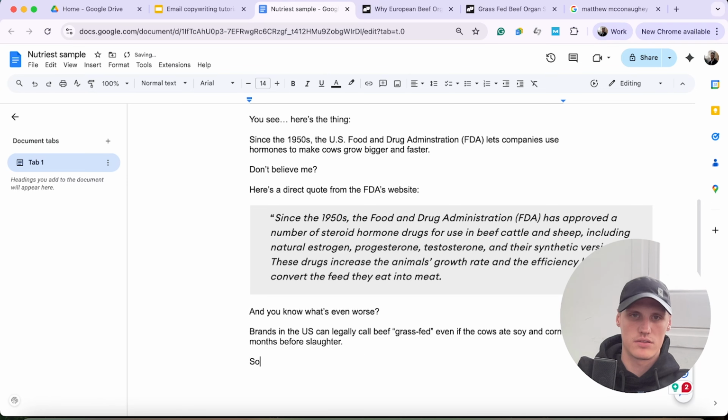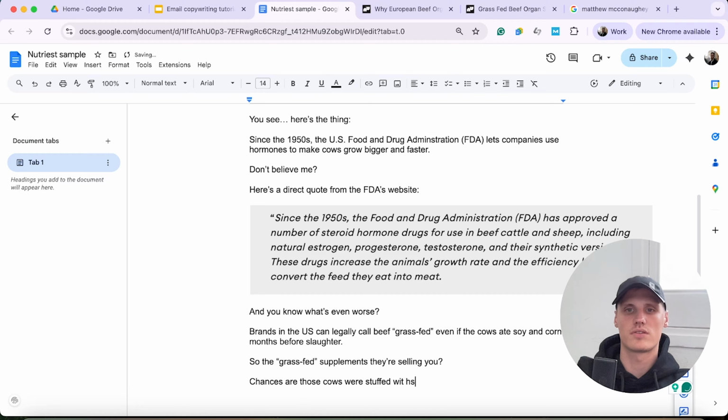So here we can write: so-called grass-fed supplements that they're selling you, chances are those cows were stuffed with soy and corn. Actually, they spent the last few months eating GMO crops.